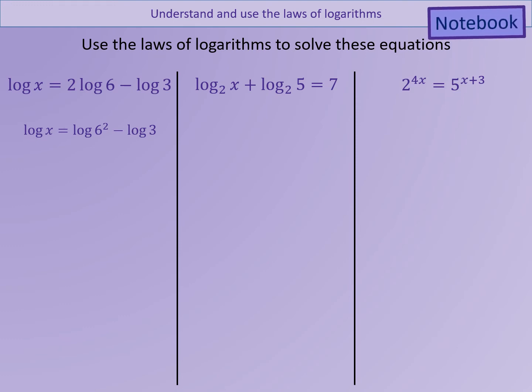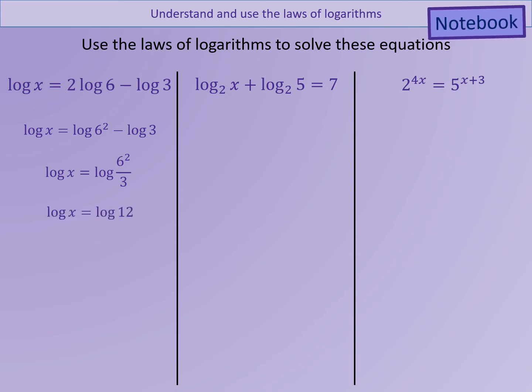And then once I've done that, I can use my second law of logarithms to take these two logs away. As long as they have the same base, which of course these two logs do, log to base 10, I can simply combine them into a single log where the value of the log is 6 squared divided by 3.